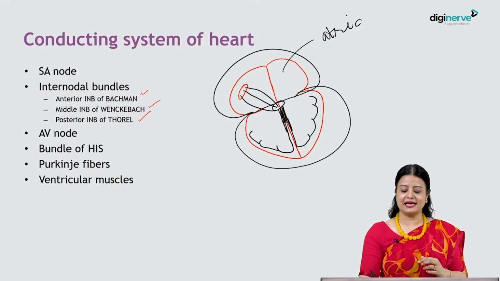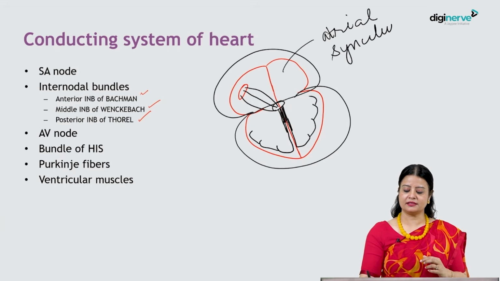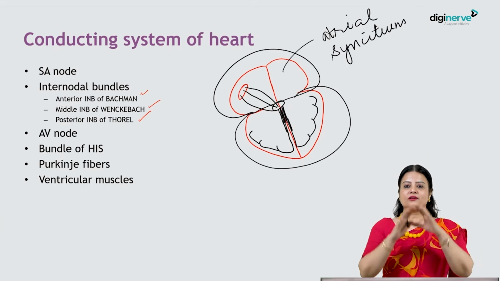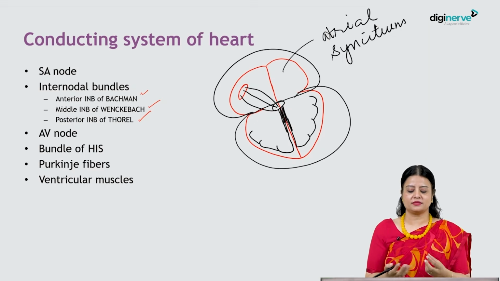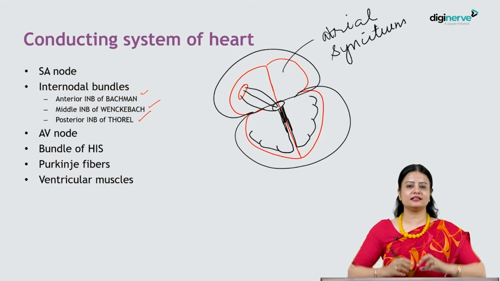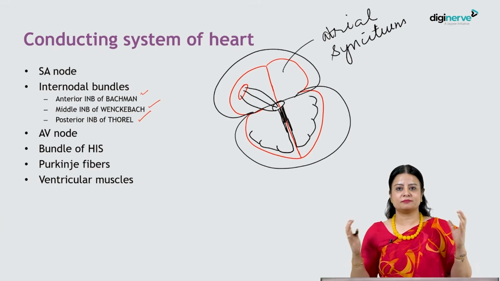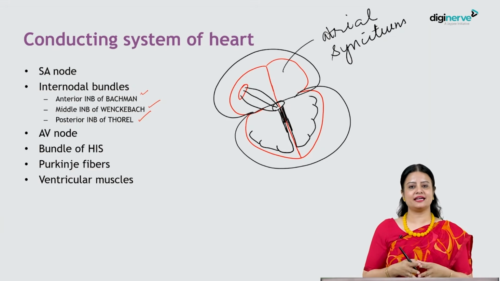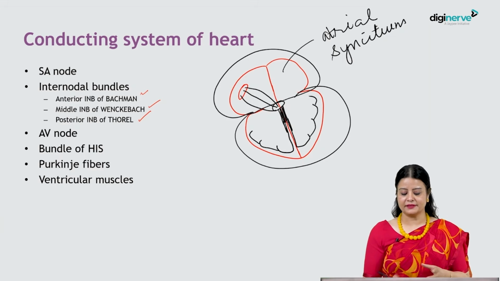We call this the atrial syncytium. Syncytium means one common mass of the protoplasm. So if one muscle cell in the atria is stimulated, the impulse spreads rapidly across the entire bulk of the muscle.